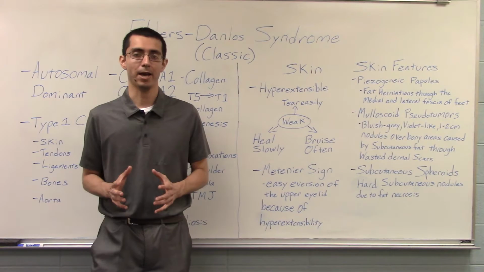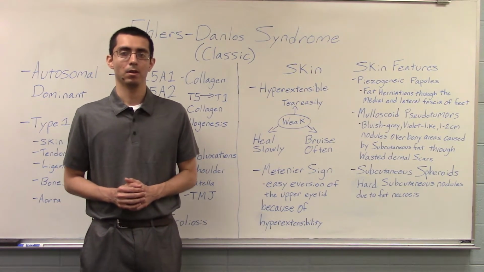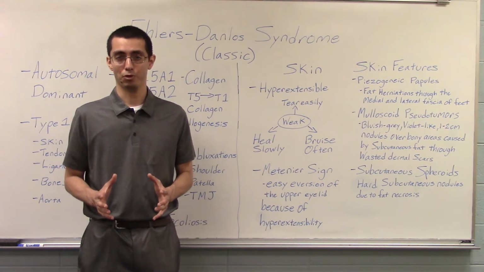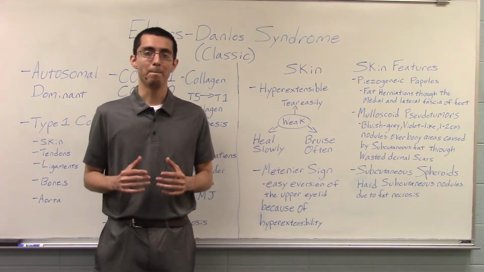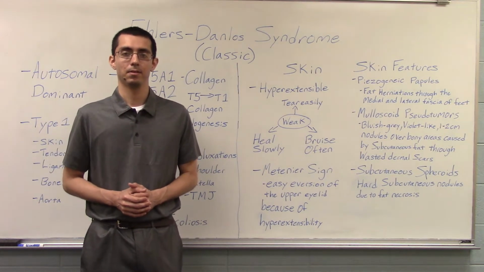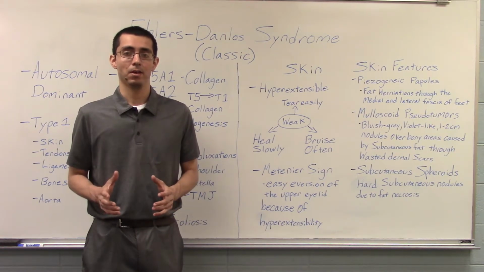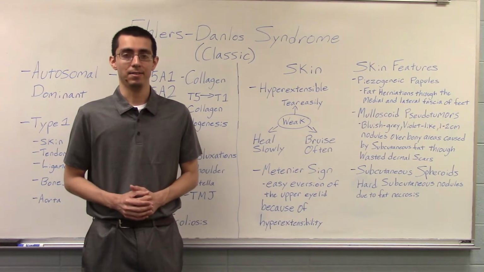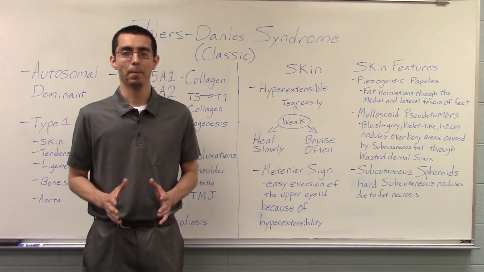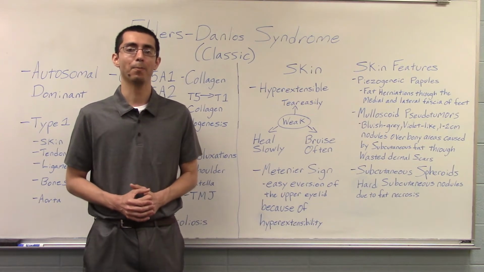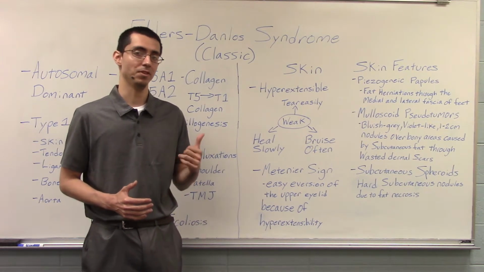On physical exam, you may encounter Metenier's sign. Metenier's sign is when the upper eyelid is easily everted because of this hyperextensibility of the skin.